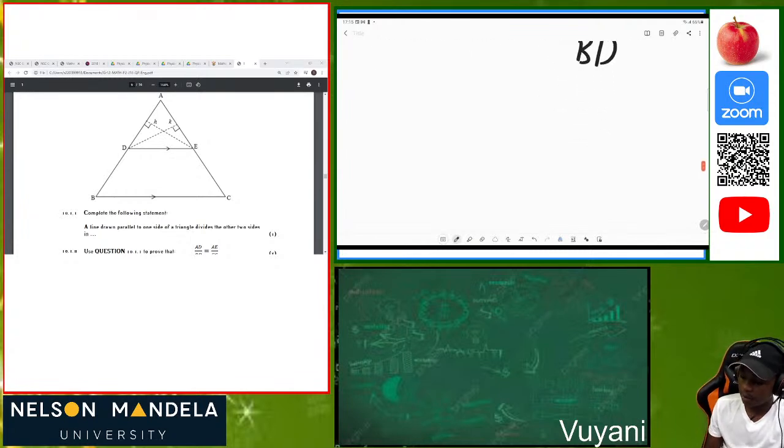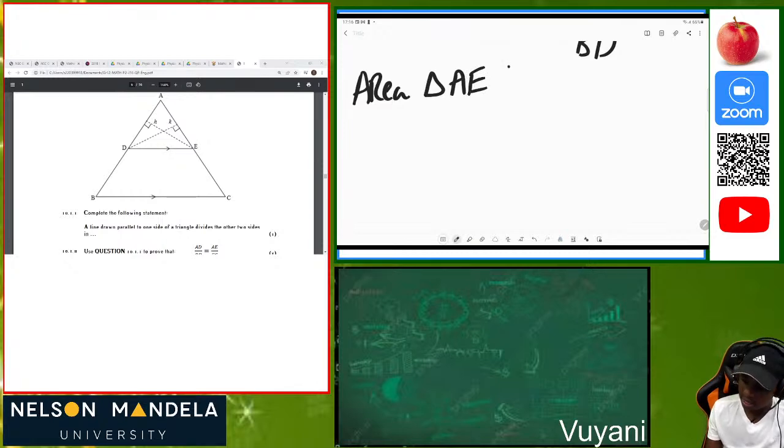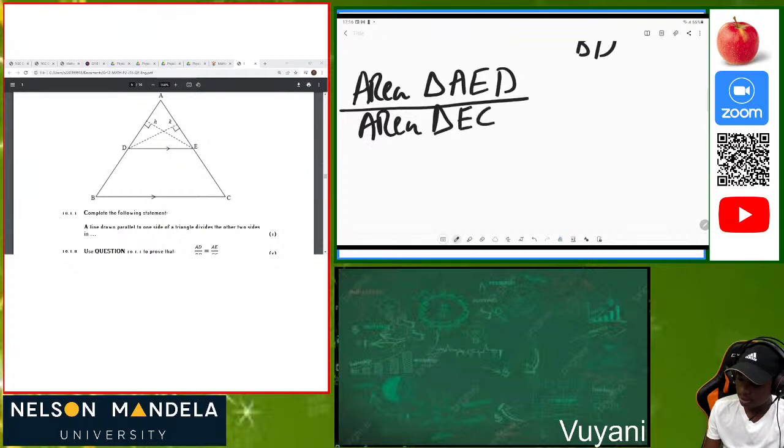Okay. Now also we know the area of triangle AEC. The next one, we know that the area of triangle ADE, or we can just say area of triangle AED, over the area of triangle ECD.